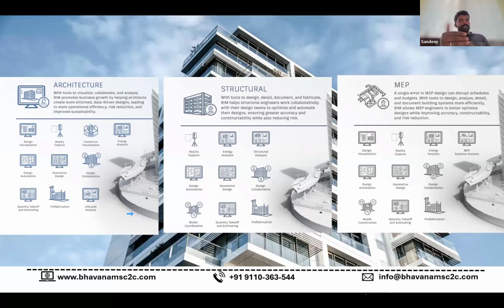Once a 3D model is ready, how can we check clashes between the different discipline 3D models? We have the architecture, the structural, and the MEP models in 3D, and obviously we see some clashes there. We can identify those clashes from the Navisworks software.